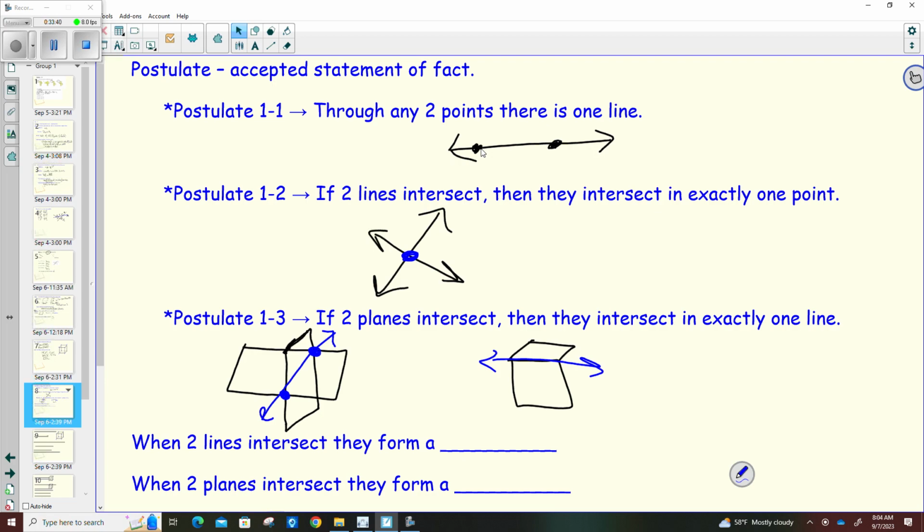All right, we got two review questions right now. I want you to write it down before anybody says it out loud. When two lines intersect, they form a. Two lines intersecting form a. Write it. Look at those postulates. All right, when two planes intersect, they form a. Write it down.